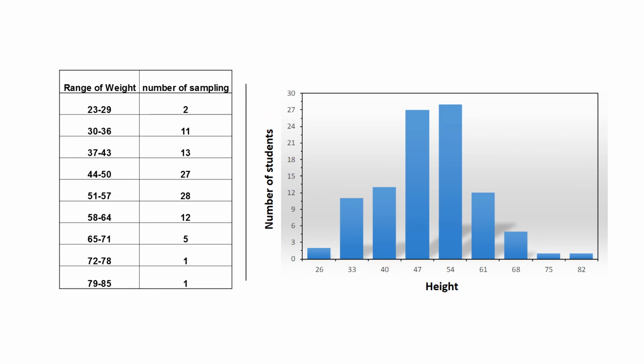This is what the midpoint looks like, and you'll get the histogram with the midpoints 26, 33, 40. So 23 plus 29 divided by 2, you get 26. 30 plus 36 divided by 2, you get 33, and so on and so forth.